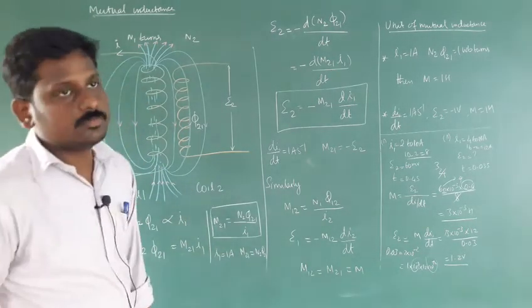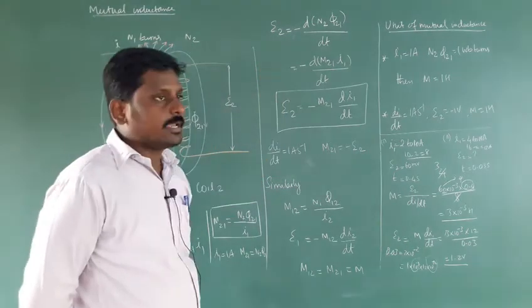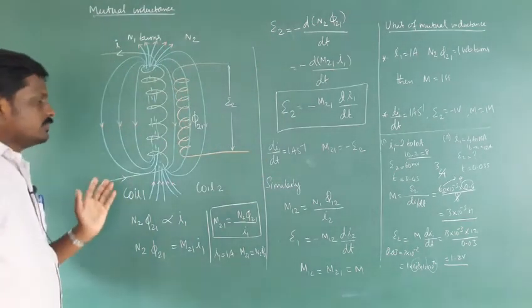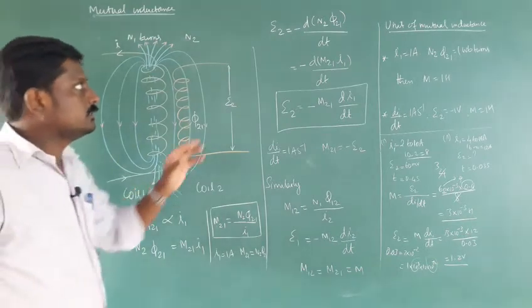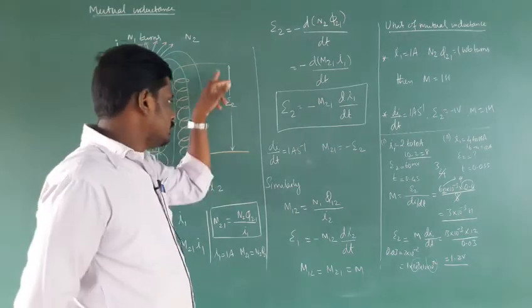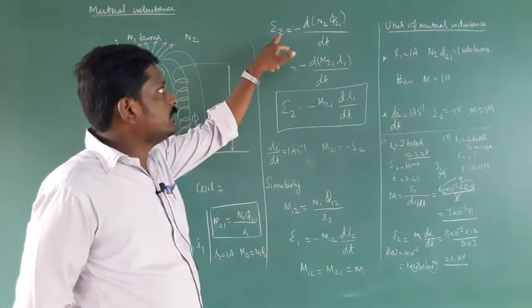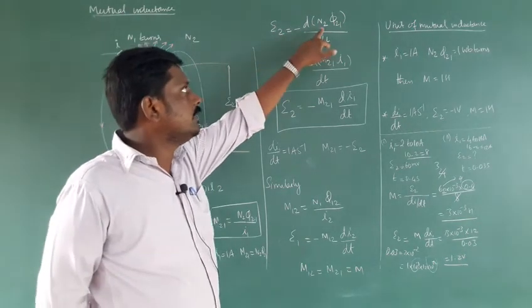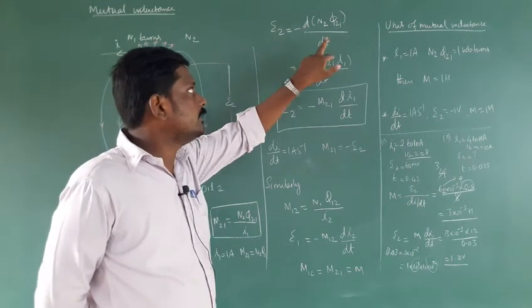According to Faraday's law of electromagnetic induction, when the current changes from 0 to maximum in time t, the induced EMF produced in the neighboring coil, that is coil 2, E2 is equal to minus d(N2 phi 21) by dt.